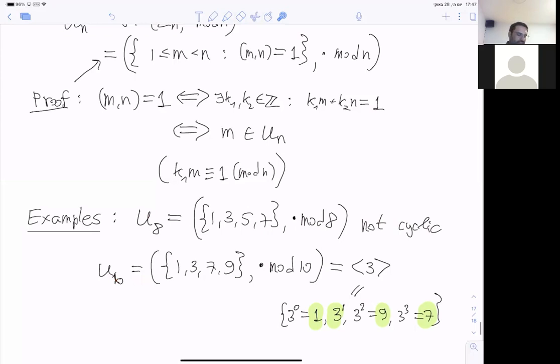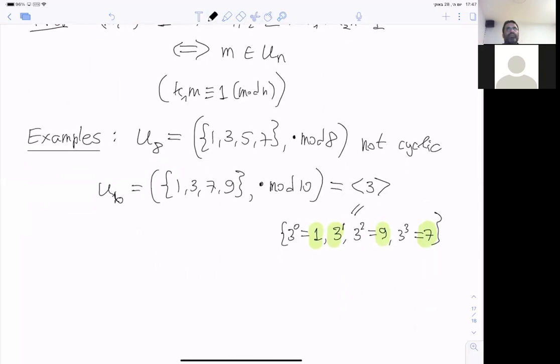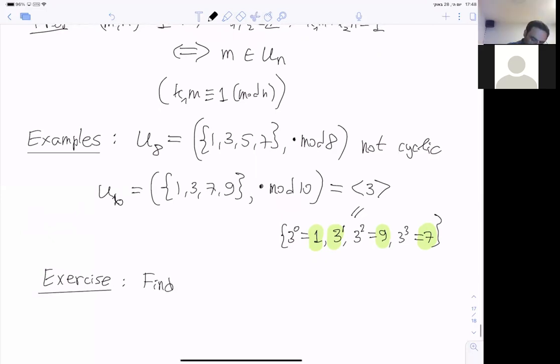Let us see an exercise. Find the inverse of 90 in U143.